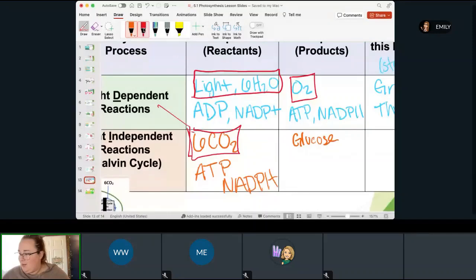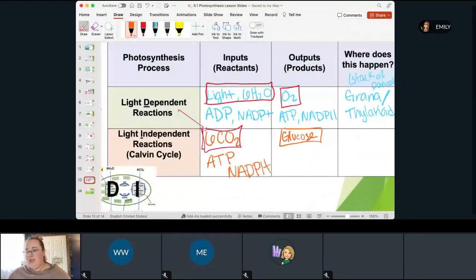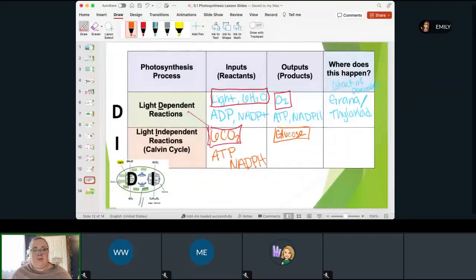That is my big product. But what else gets produced? If I use up my ATP and my NADPH, what am I left with? Good, Serenity. I'm left with ADP and NADP plus.